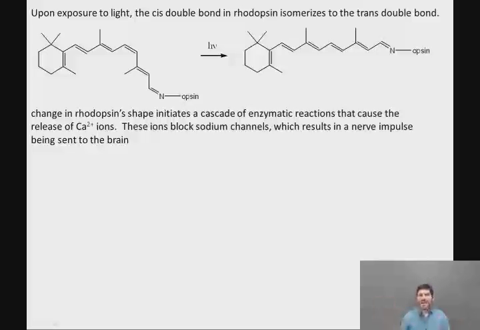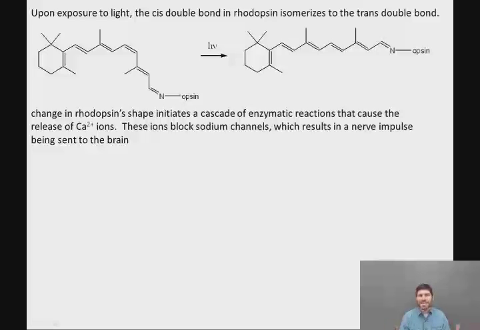So it has to pass in and out of the cell through these protein channels. In the optic nerve cells, there are always sodium ions passing in and out. That's called the dark current. But when the sodium channels are blocked by these calcium ions, the flow of sodium in and out stops. And that actually results in a nerve impulse that is sent to the brain.